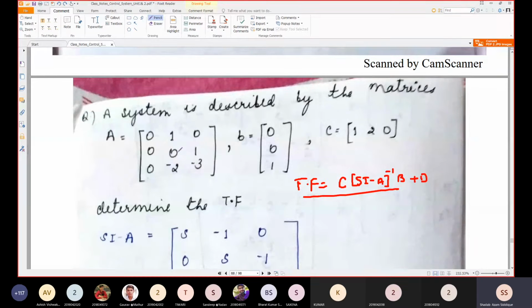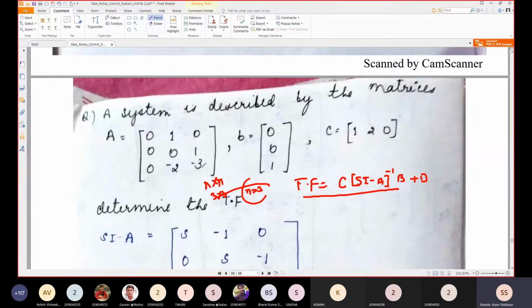So see, A is given. What is the dimension of A? A is n cross n. This is a 3 cross 3 matrix, so n is equal to 3. So the identity matrix is a 3 cross 3 matrix. We'll take the diagonal and subtract only there; all the others get multiplied with a minus sign. Write s minus something on the diagonal, and write everything else with a minus sign. So s minus 0 is s.